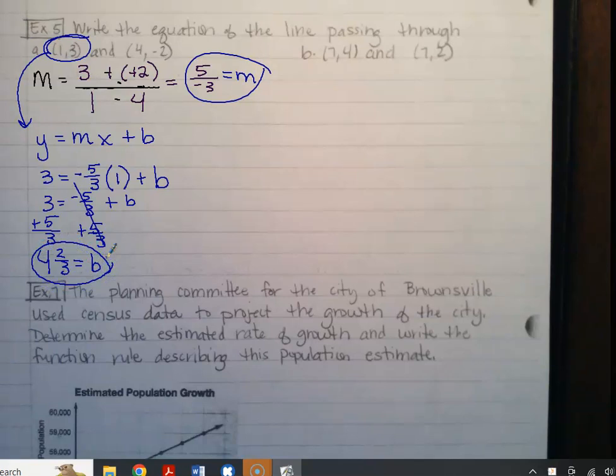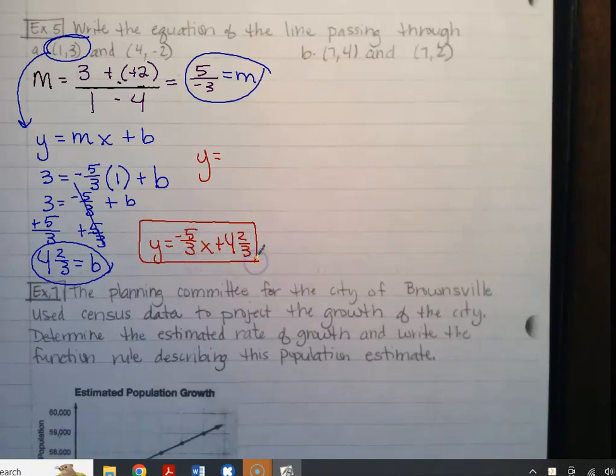Now you got to write the whole equation. So y equals -5/3 x plus 4 and 2/3. Very nice. I like it.